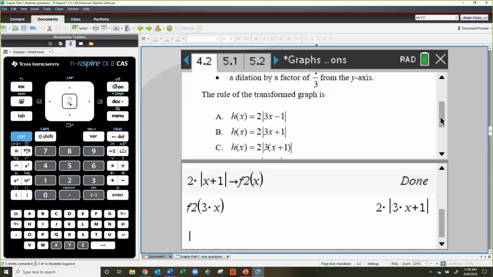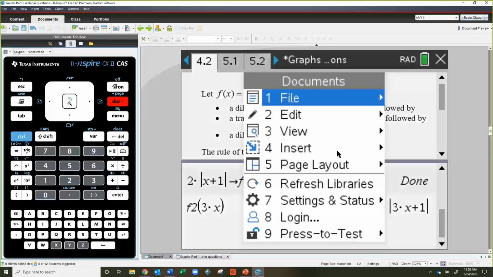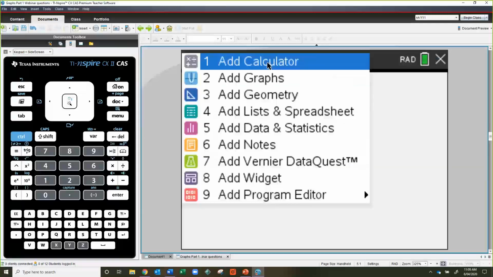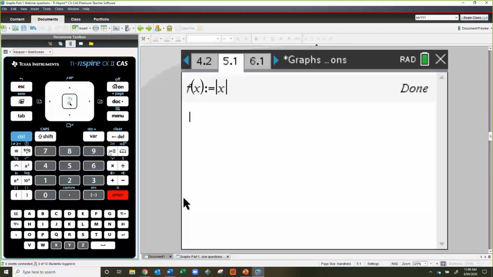Going back to the question, of course, if I swap the order of transformation, so let's say if I insert a new problem and go to the calculator and I say, let f in x again be modulus x, so absolute value of x. But what if I apply the dilation first and the translation last?